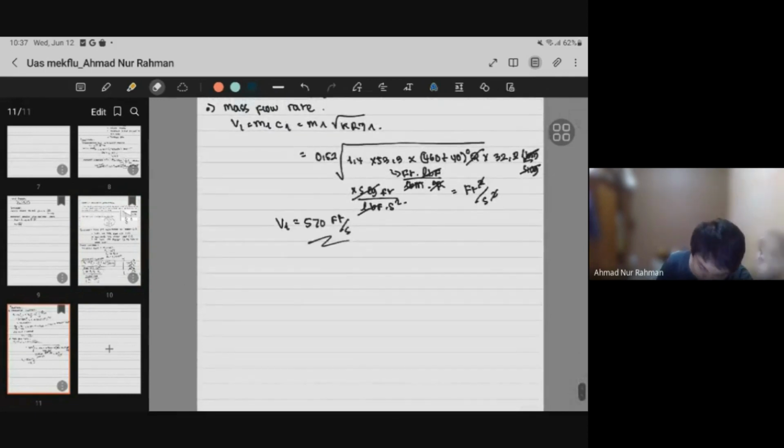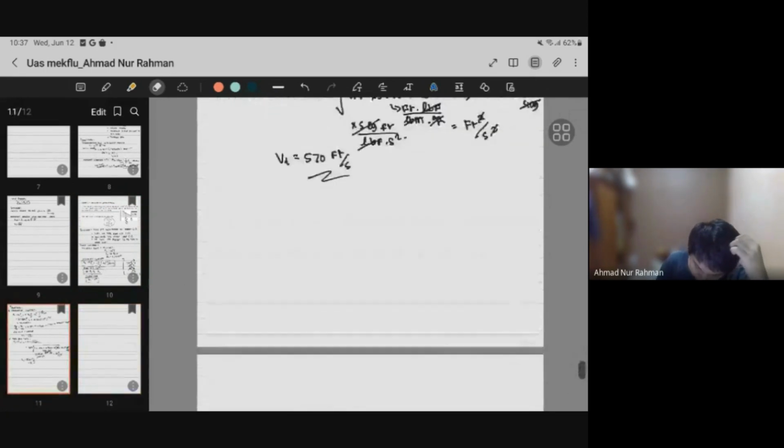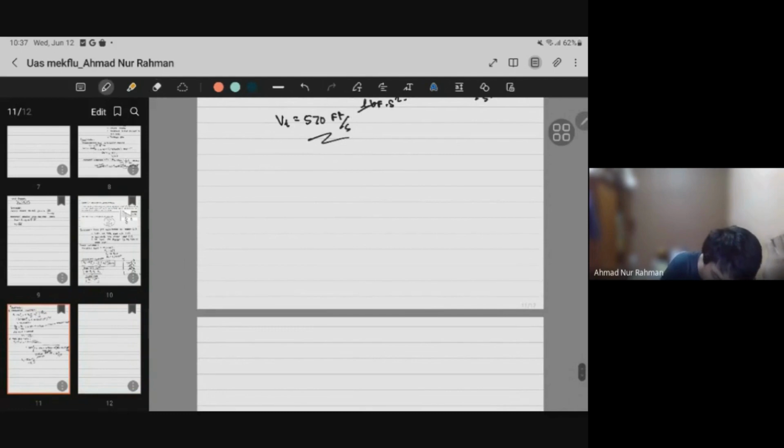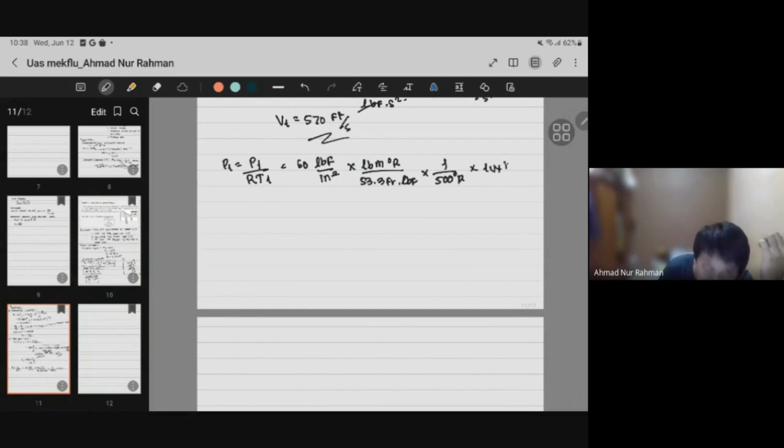So rho1 equals P1 per R T1 equals 60 lbf per in squared times lbm over 53.3 feet lbf times (460 plus 40) R times 144 in squared per 1 feet squared.